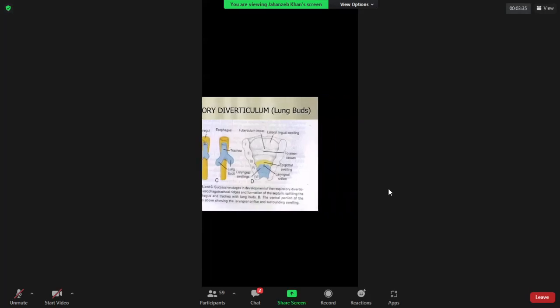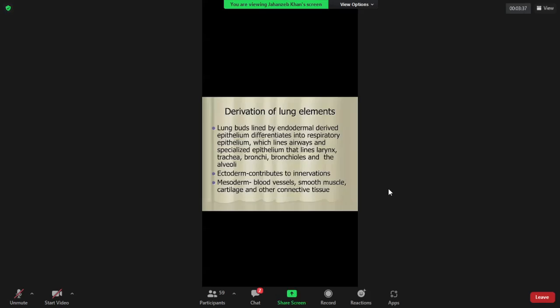So let's start with the slide readings. The lung bud is lined by endodermal derivative, derived from endoderm. Basically, the lung buds are lined by the endoderm. Okay, whatever lung buds you have are lined by your endoderm, which is derived epithelium.